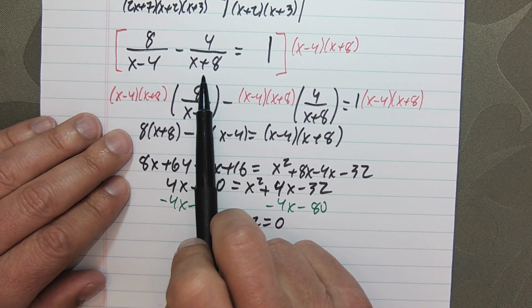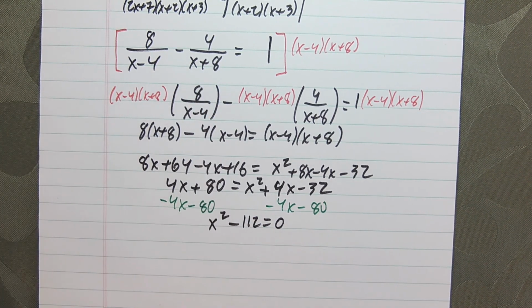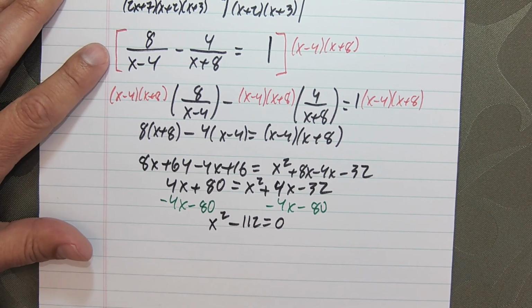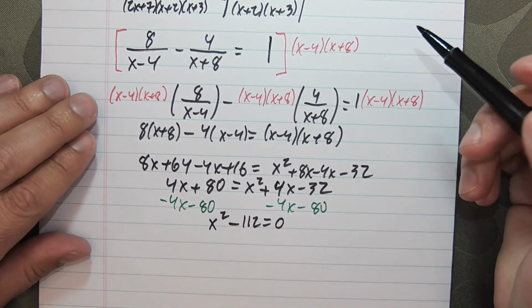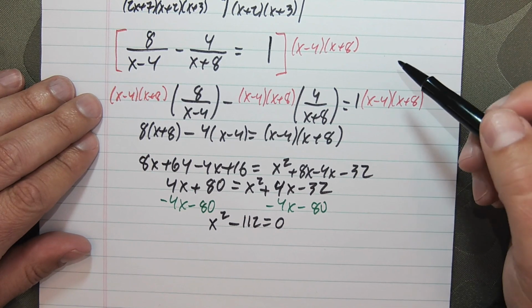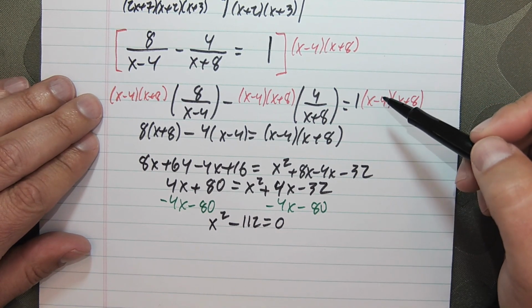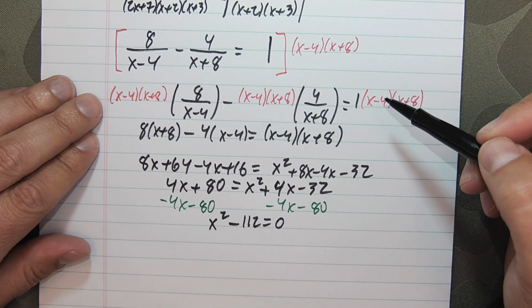Let me see one more time. 8 over x minus 4 minus 4 over x plus 8 equals 1. Yeah, that's exact. I'm not seeing any mistakes here. It says the answer should be x equals plus or minus something.